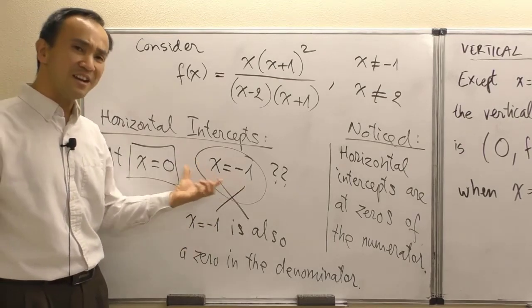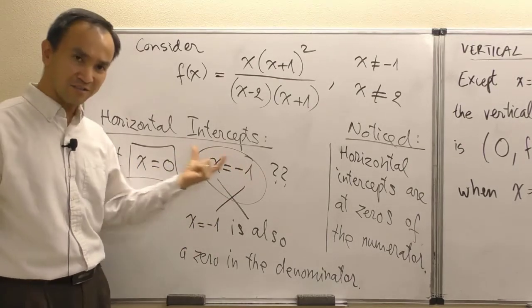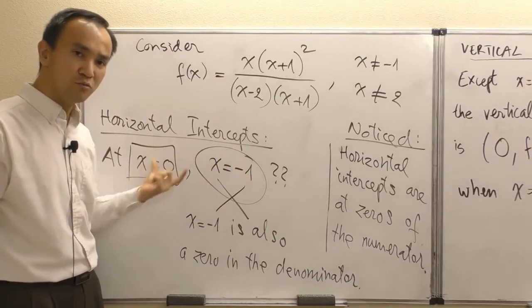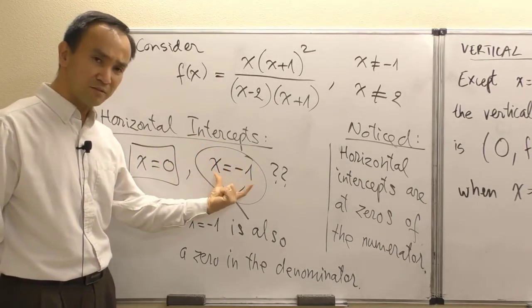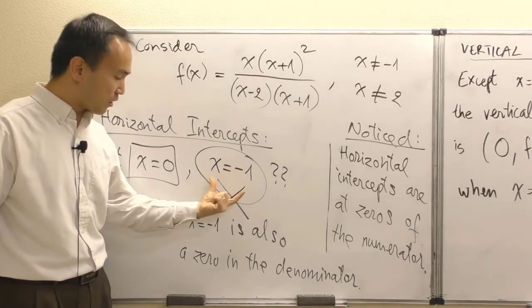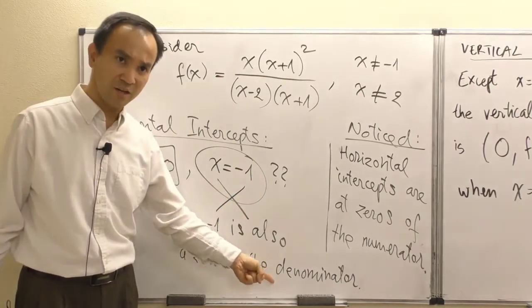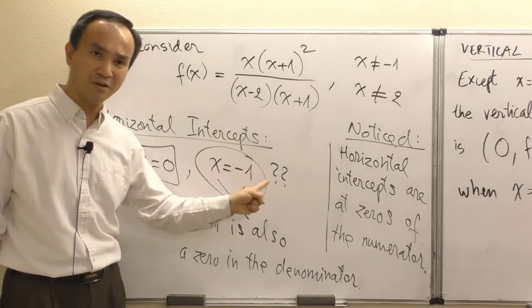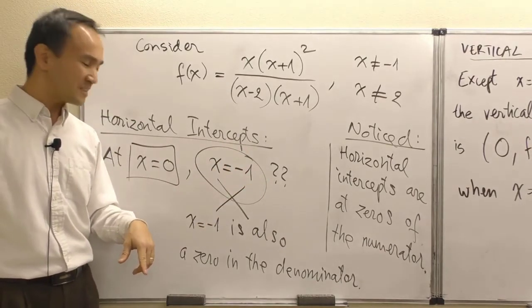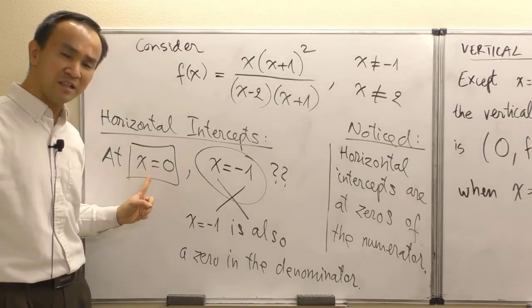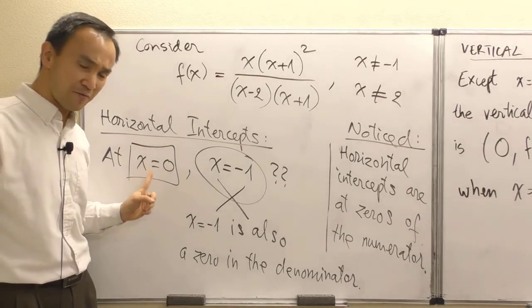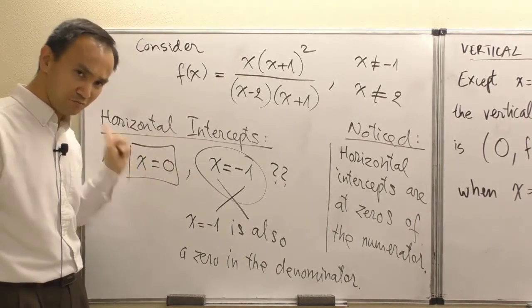These are all the zeros from the numerator. But if any zero from the numerator is also a zero in the denominator, then we have to filter that zero out. And if this one here was also a zero from the denominator, then we also have to rule it out.